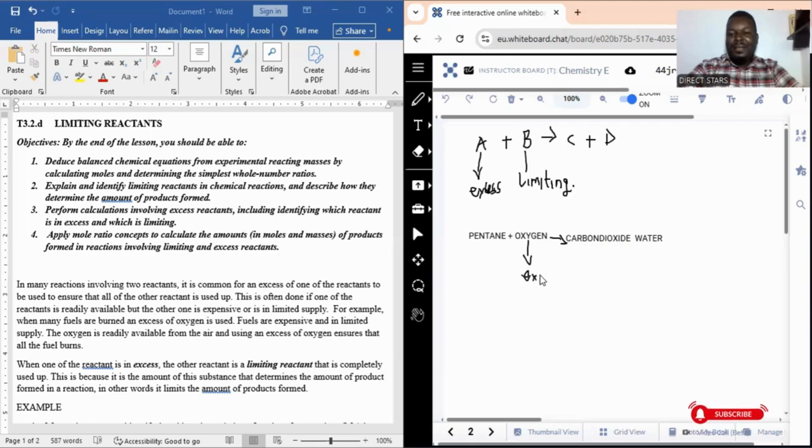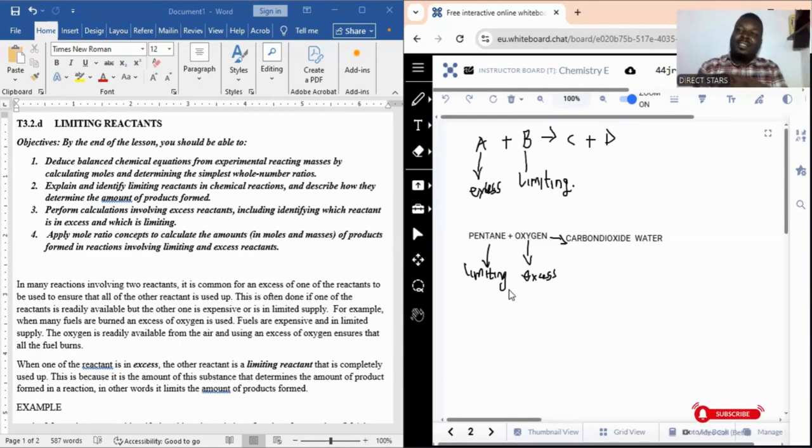And then the pentane, of course, which is the fuel, is the limiting reagent in this case. So in order for our fuel to burn excellently well, we need plenty of oxygen. We need the oxygen to be in excess so that the fuel can burn well.